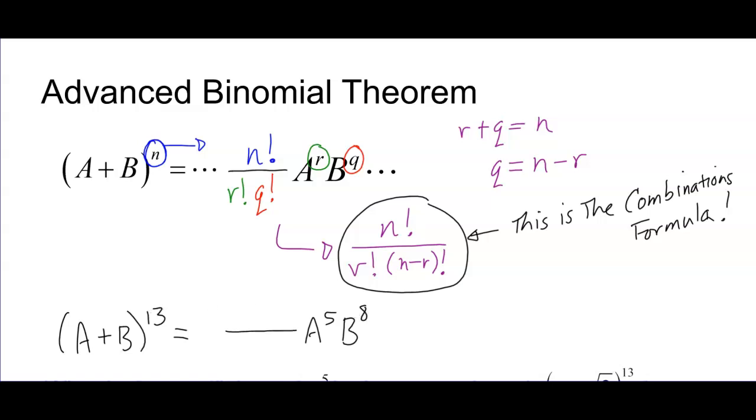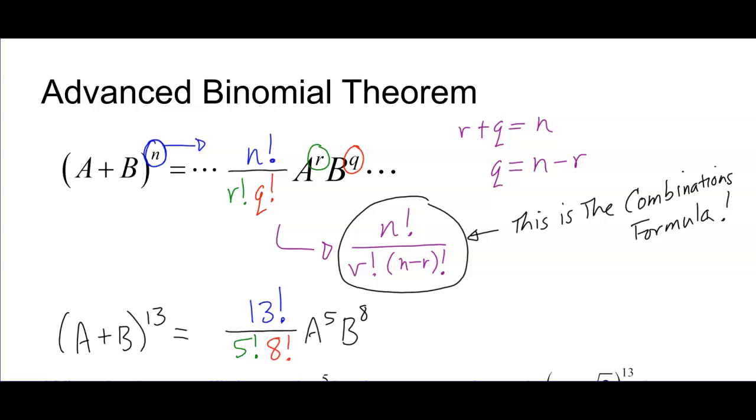Then the way you would work out the coefficient is you would have 13 factorial in the numerator, and 5 factorial, 8 factorial in the denominator. And of course, just like when we were working with permutations and combinations, if you write out those factorials, there will be loads of cancellation, just scads of cancellation. It'll simplify far more than you would normally expect.